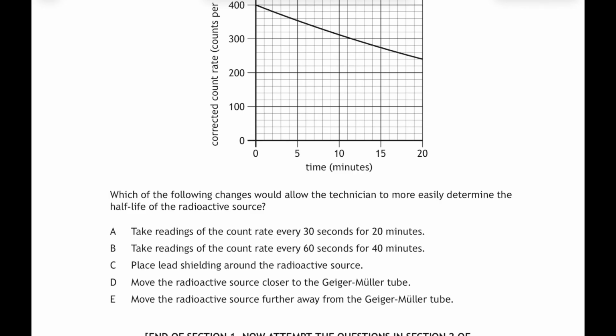So the change that would allow the technician to more easily determine the half-life of the radioactive source would be to carry out the experiment over a longer period of time. And the only answer that talks about increasing the length of time for the experiment is answer B. Take the readings of the count rate every 60 seconds for 40 minutes. And that would be enough time for the initial corrected count rate to fall to half its original value.